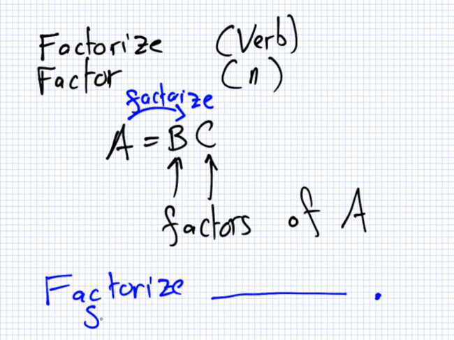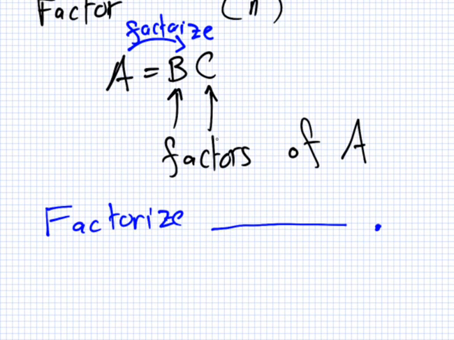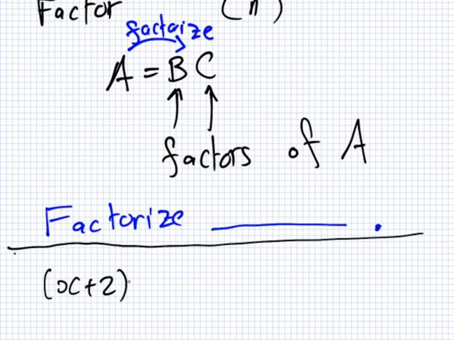So the explanation of factorize: if you were to write A equals B times C, these are called the factors of A, and the action to write it like this, the verb, is the factorize part.